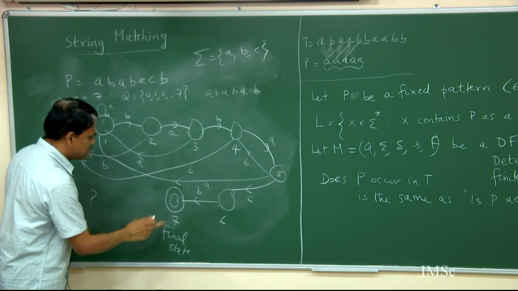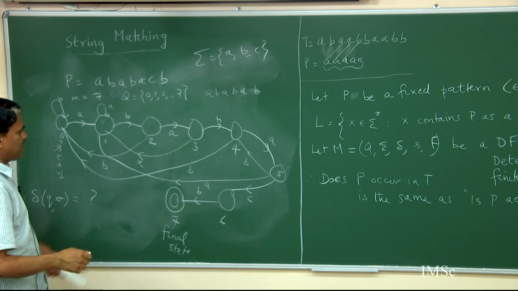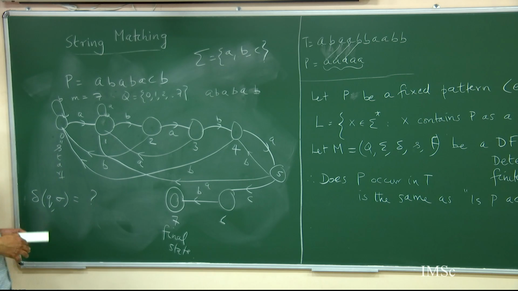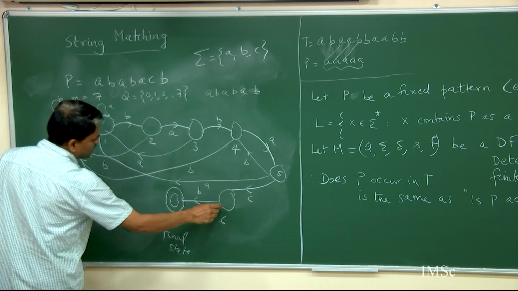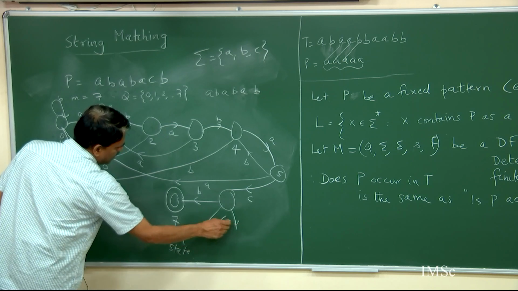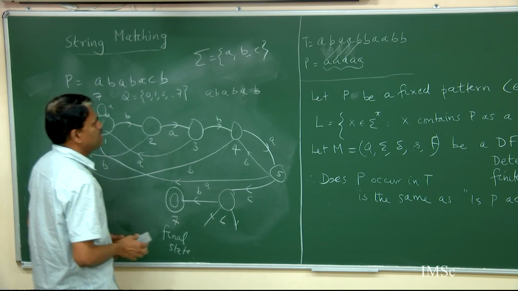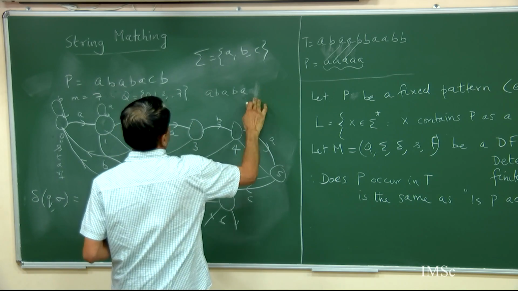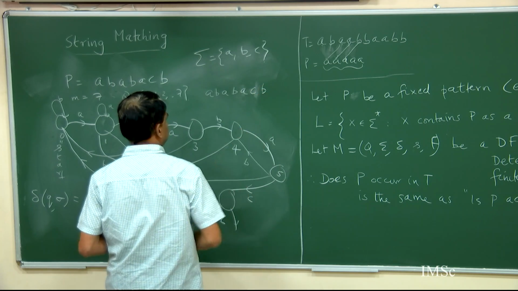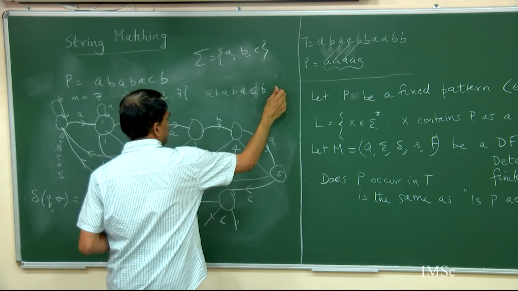Now, if I am in 7, I do not stop here, because if I really want to care about the Boolean question, does it appear at all, I can stop here, but if I want to compute all occurrences and count, then I am just going to continue here, right. So, from 6, I am going to leave a gap here, but if I am at 7, which means I got A, B, A, B, A, C, B, now I get an a.